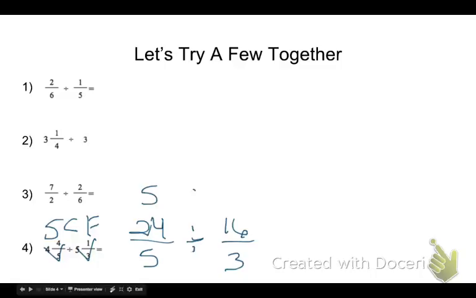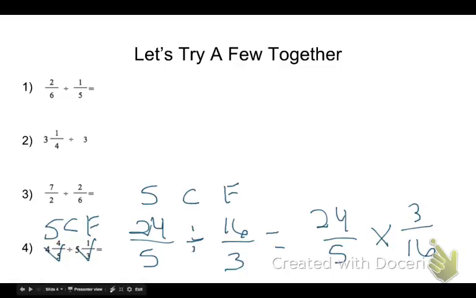Now I can do same, change, flip. The first fraction stays the same, change the sign, and flip the second fraction. Again, I want to cross cancel if possible. That will help me work with smaller numbers. I'm thinking of 24 and 16. The first fact that comes to mind for 16 is 8 times 2.